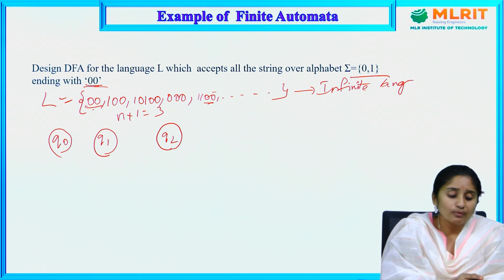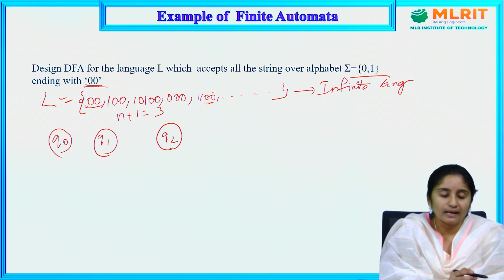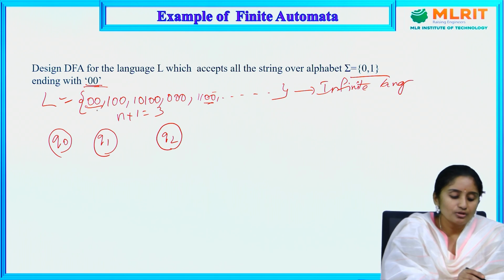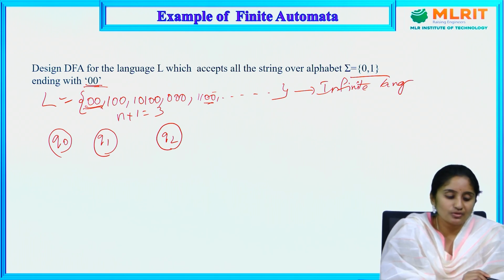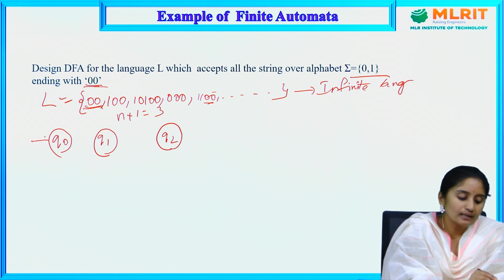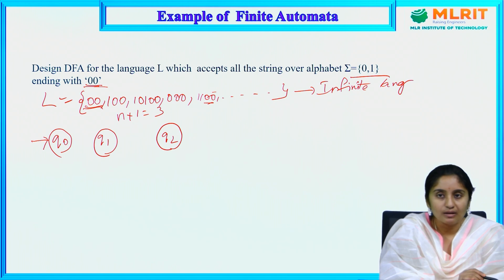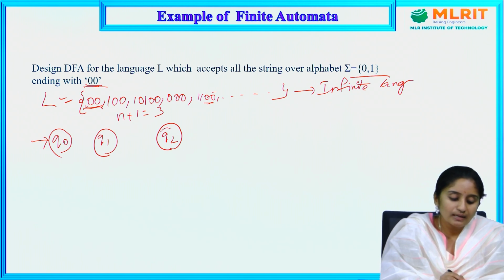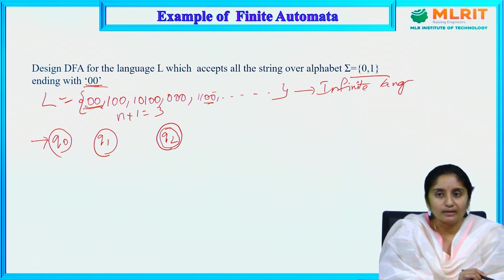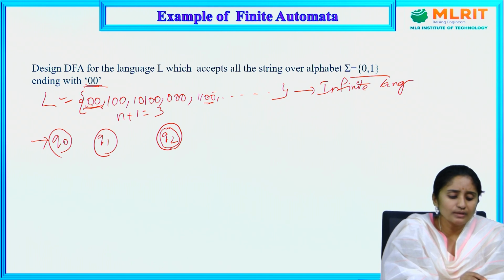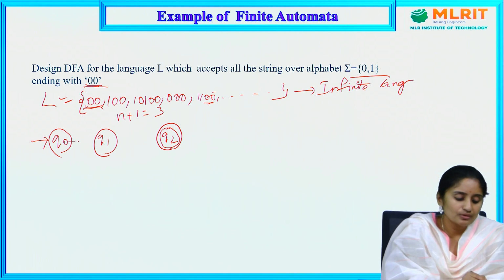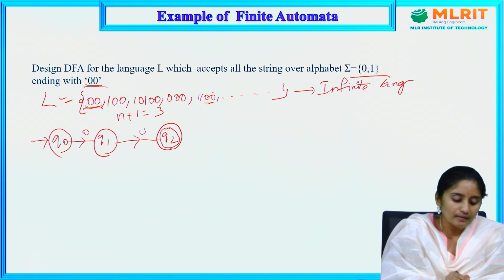The strings which are constructed under the language, I am plotting under the DFA diagram. What is the first string I am having? 0 0. Let the start state be Q0, and the last state is my final state. So I plot 0 and 0.